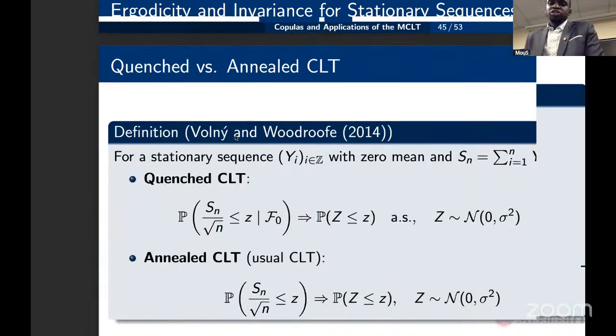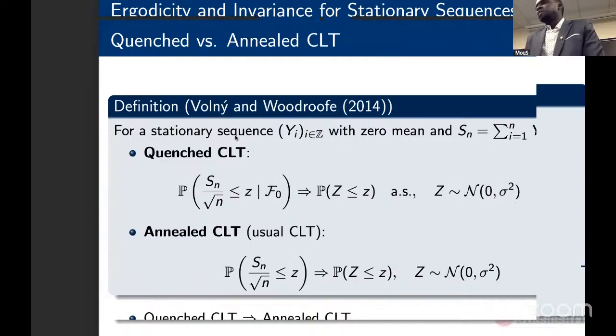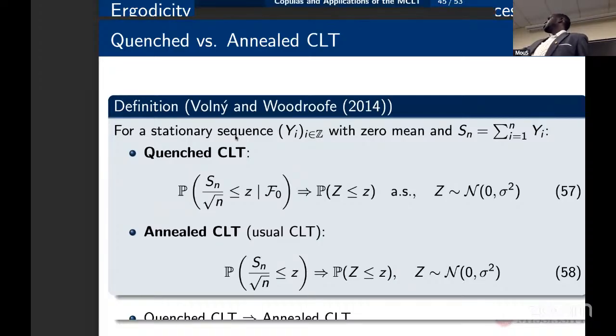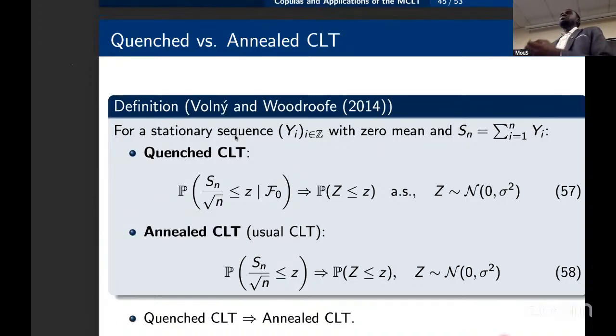We also use the concept of the quenched central limit theorem and the annealed central limit theorem. The quenched CLT is the central limit theorem that we obtain by conditioning on the past. So this sigma algebra F naught is the past of the sequence, the sequence indexed in Z. So we take all the past, we denote it by F naught. We condition on the past. If this convergence is almost sure for every omega that we pick in Omega, then we have a quenched central limit theorem for the partial sum of the stochastic process.